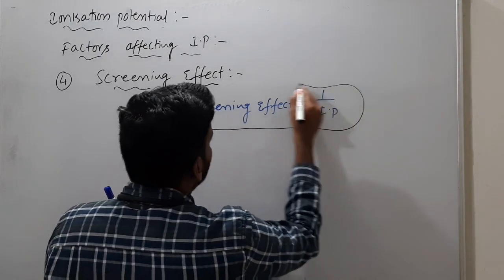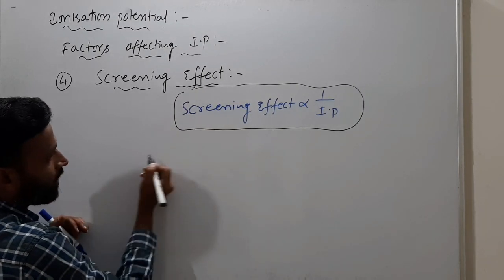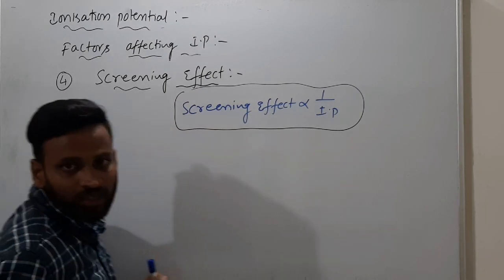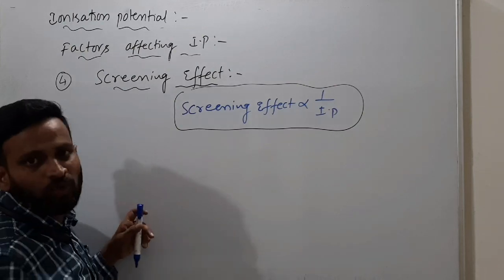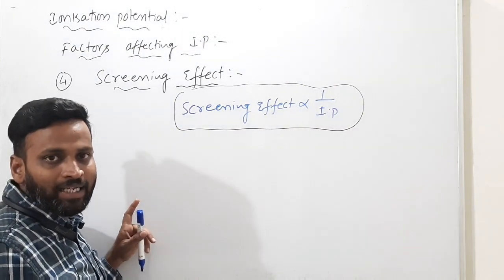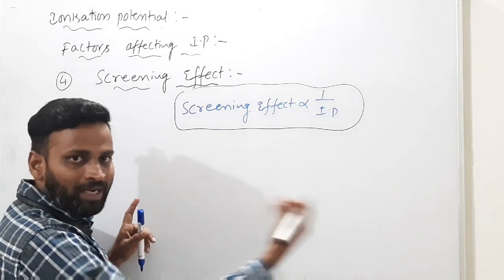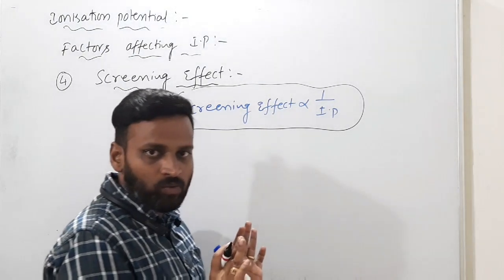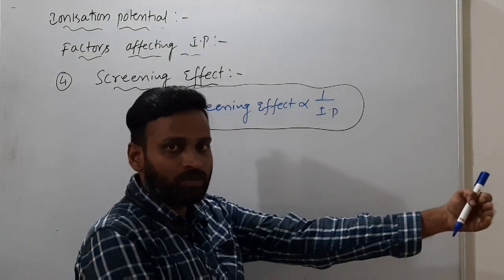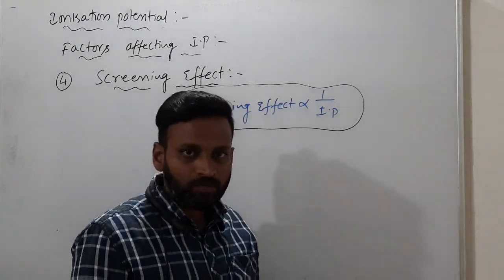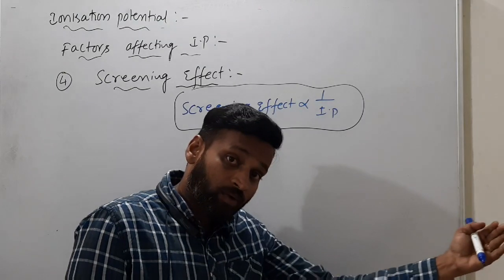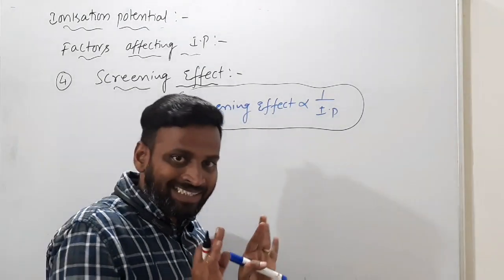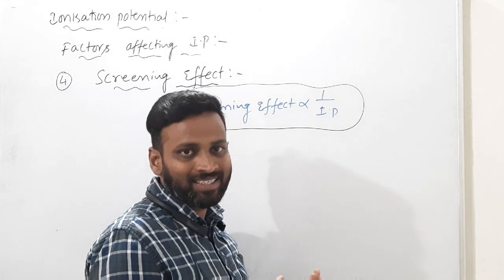Correct or not? For shielding, the outermost electron penetrates towards the nucleus. Penetrating means attracting towards the nucleus. The outermost penetrates, attracts. The inner substance shields, protecting.